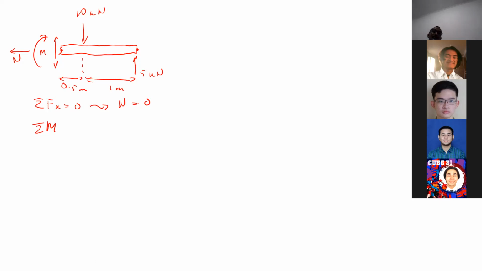At the section, the moment due to the reaction will be 0, right? Yes, sir. So sigma moment at the section equal to 0. What do we have here? The 10 kilonewton and 5 kilonewton. 10 kilonewton multiplied by what? 10 times 0.5 meter.